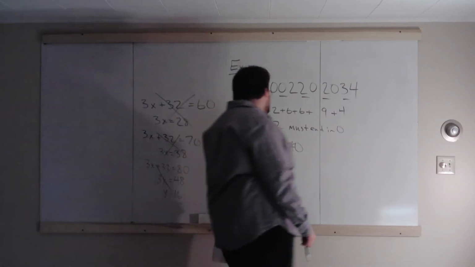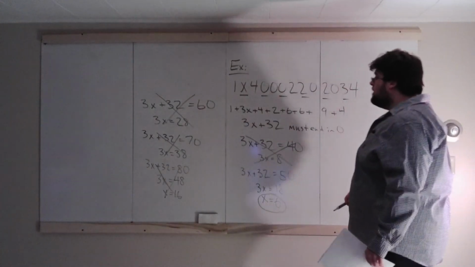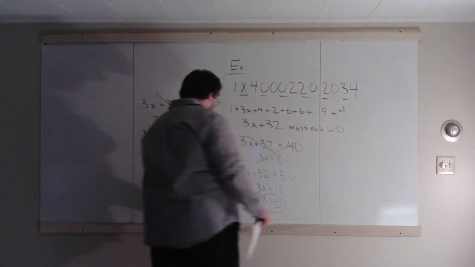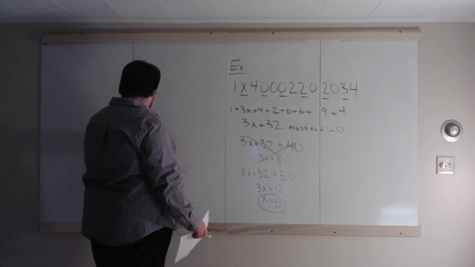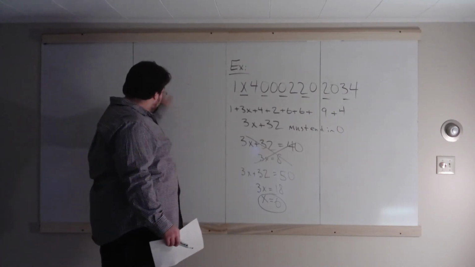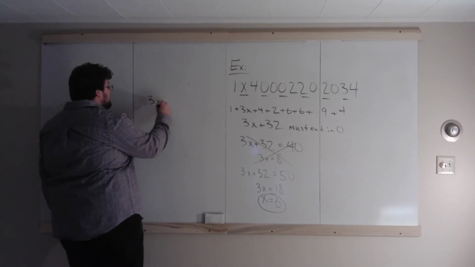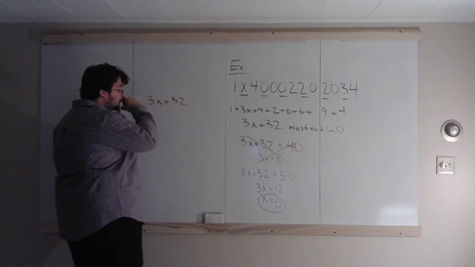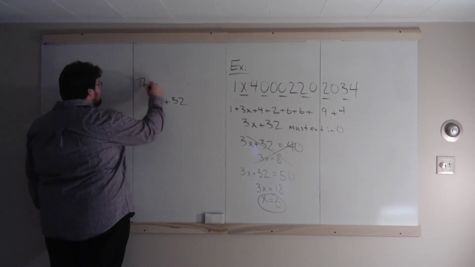Now, another way you could have reached that conclusion, that that was the only number, is you could have made this observation. Well, these numbers are going to add up to 3x plus 32. What's the largest x can be?